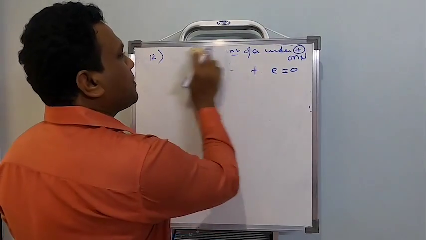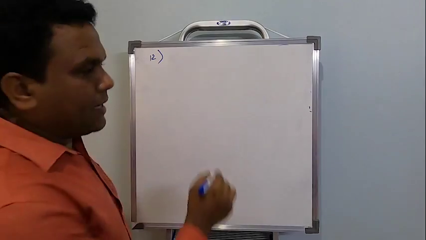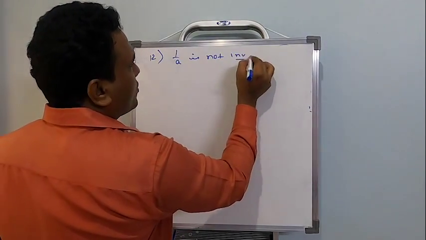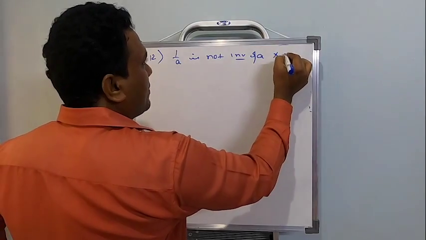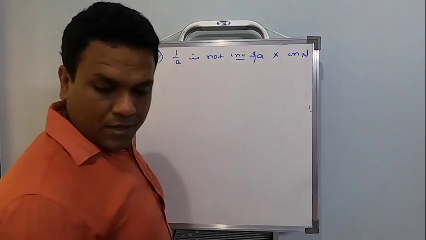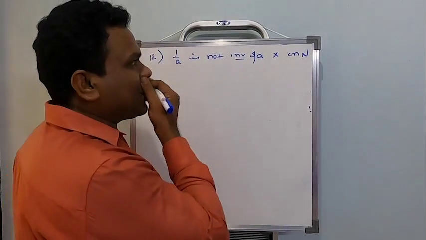Now there is a second part. The second part is: show that 1 by A is not the inverse of A under multiplication on natural numbers. Now we need to check this.